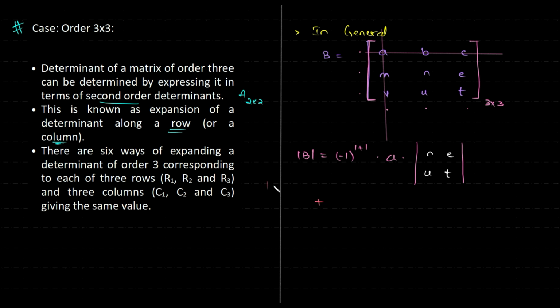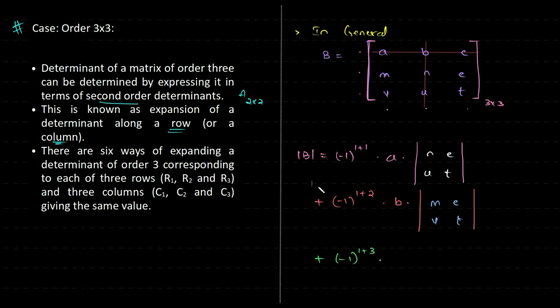Now, next I'll pick up B. So B is coming from first row and second column. So all I have to do over here is minus 1 to the power of 1 plus 2 into B into the determinant of the elements which are not part of your first row and second column, that is M, E, V and T. And finally we have plus of minus 1 whole to the power of 1 plus 3 into what should it be?